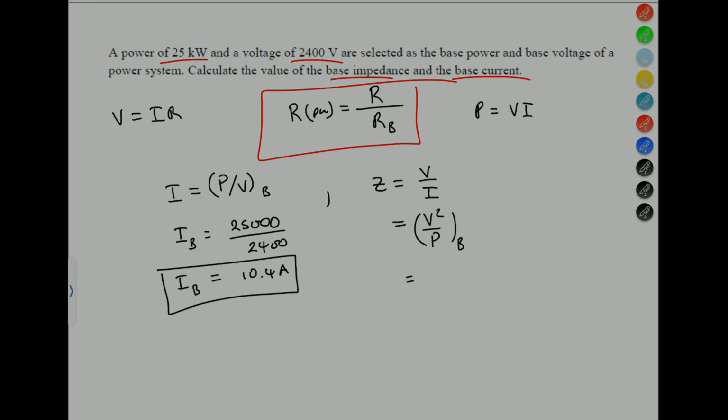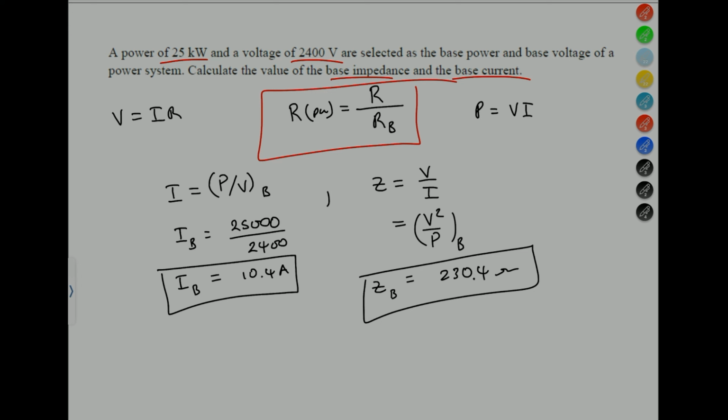And Z base, after we calculate everything, is equal to 230.4 ohms.